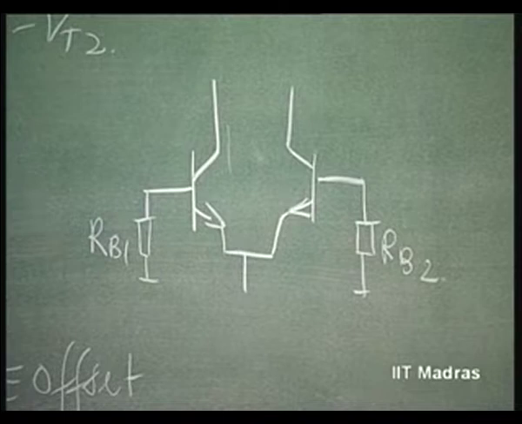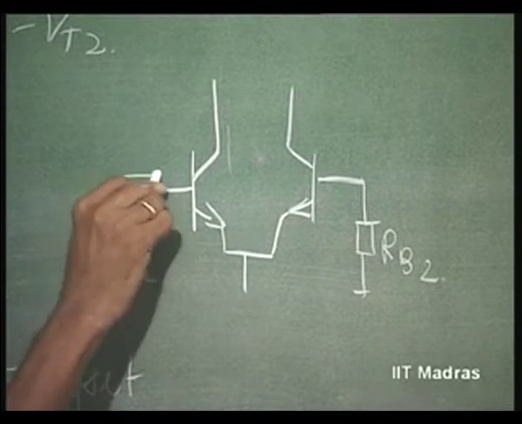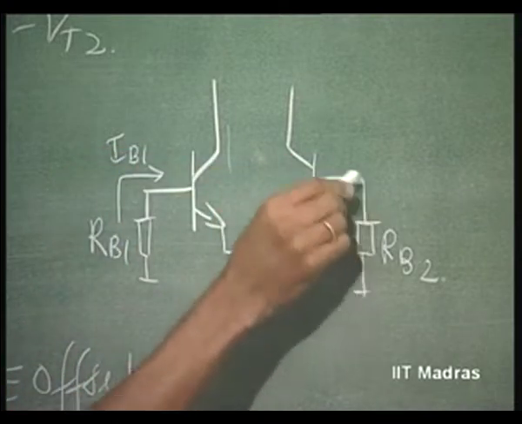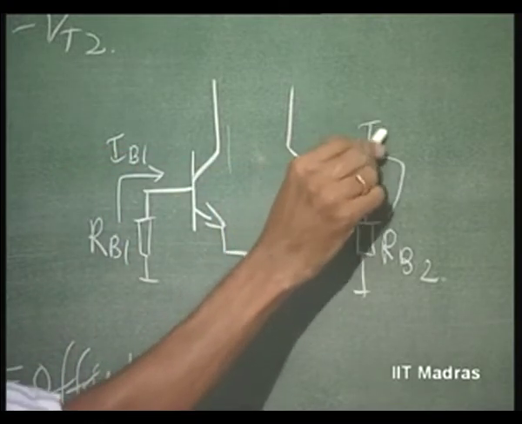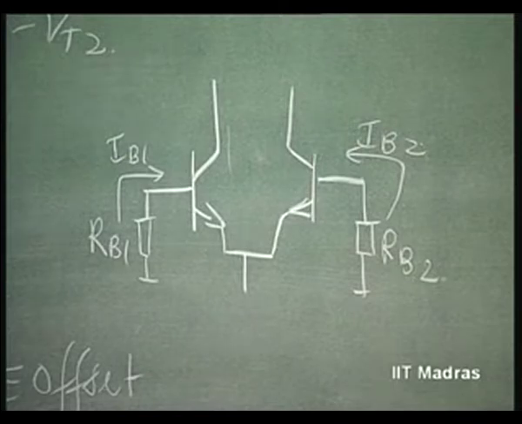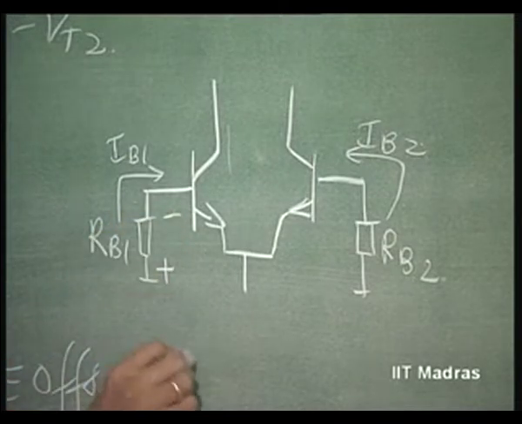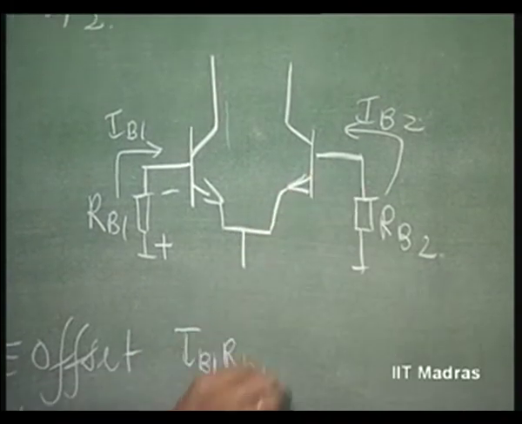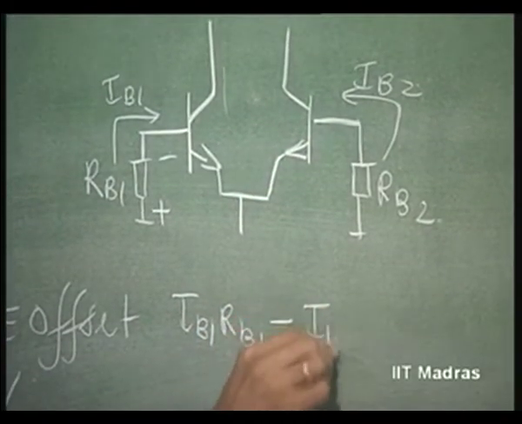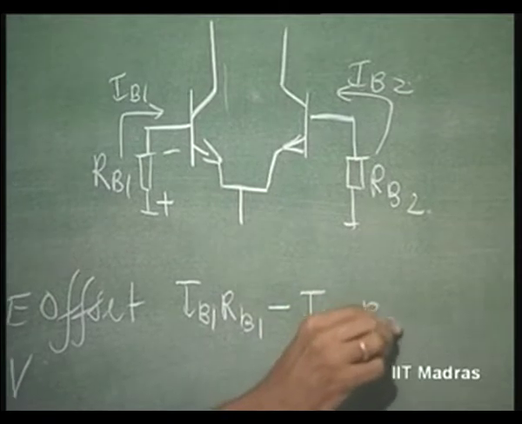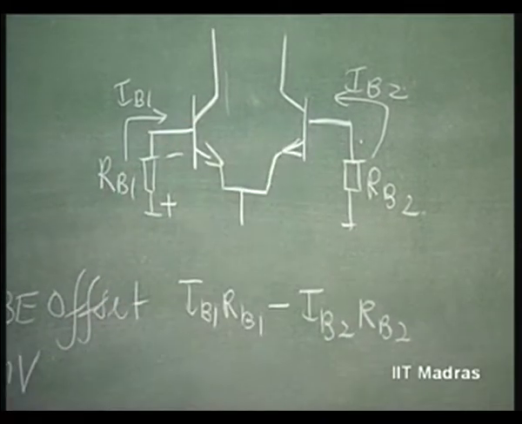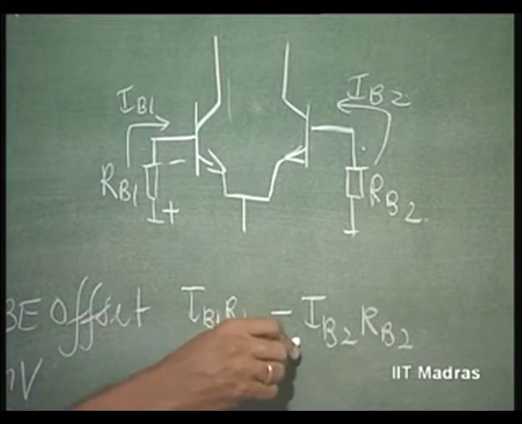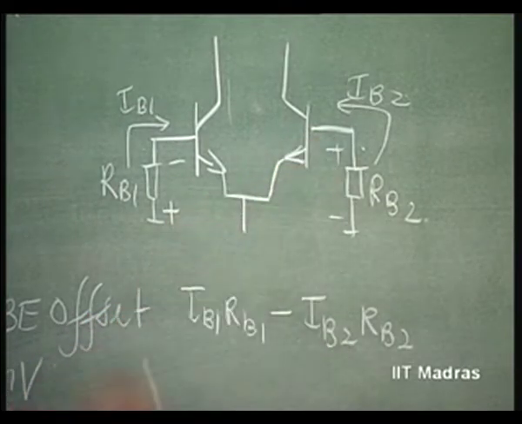In this case you have IB1, and in this case you have IB2 flowing. So, this will develop a voltage of IB1 into RB1, and that will develop a voltage of IB2 into RB2. The differential voltage applied to the base now is IB1 RB1 minus IB2 RB2, right.